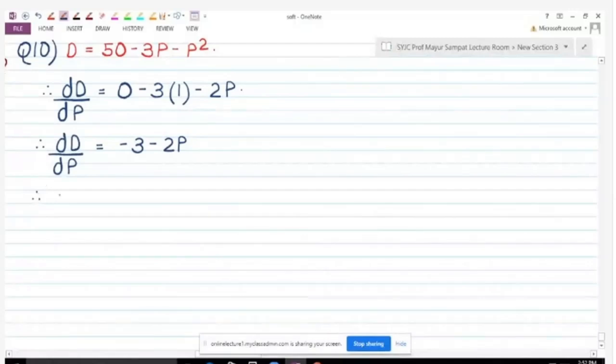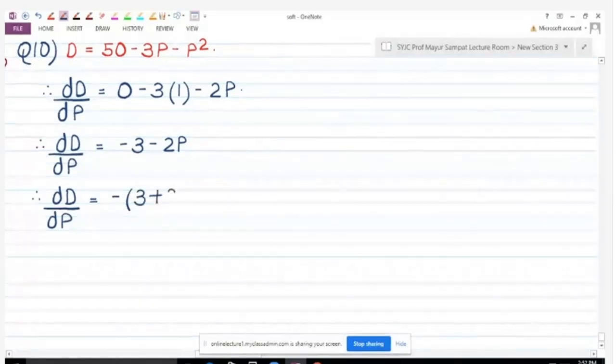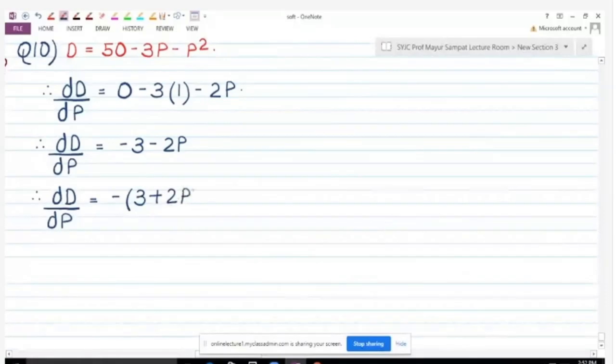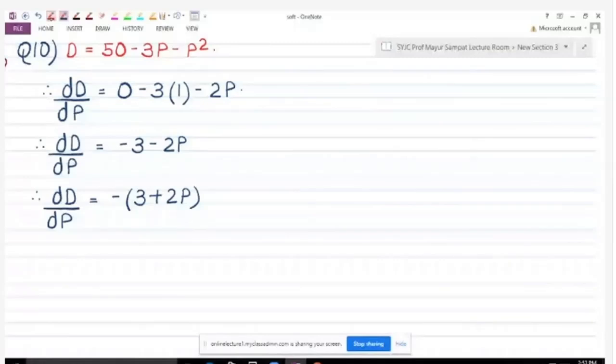Therefore, dD upon dP, we take the minus sign common: minus of 2P plus 3.